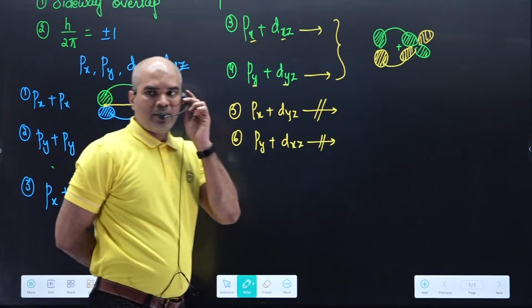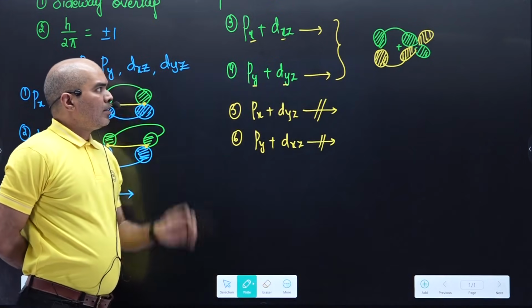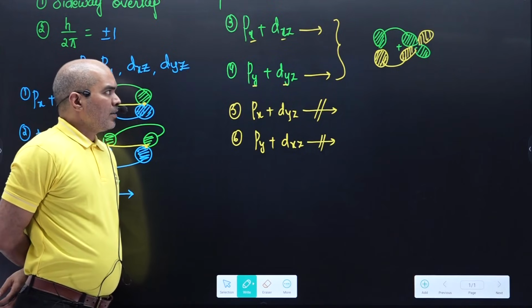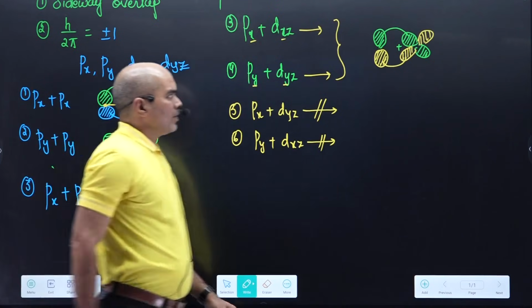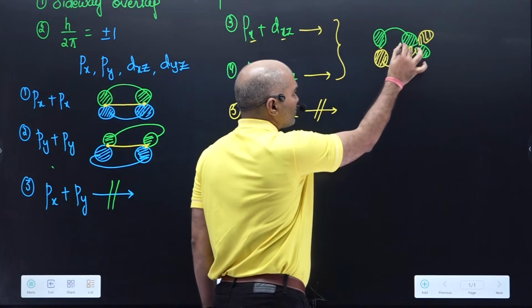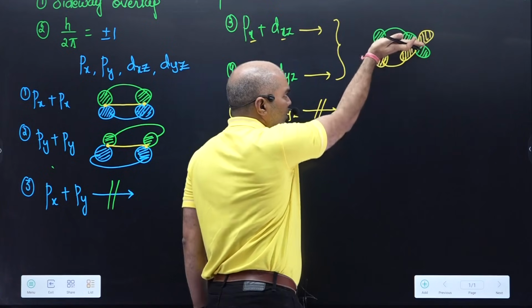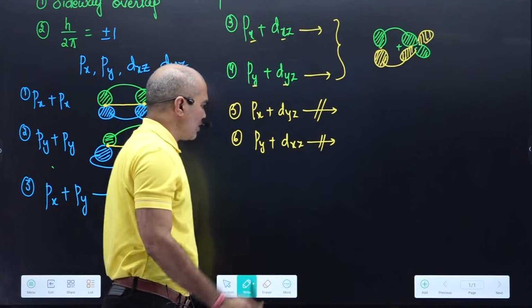Now look at the internuclear axis. Along the internuclear axis, how many nodes? One node. This is the internuclear axis. One node is present. So whatever may be the combination, you will get one node.